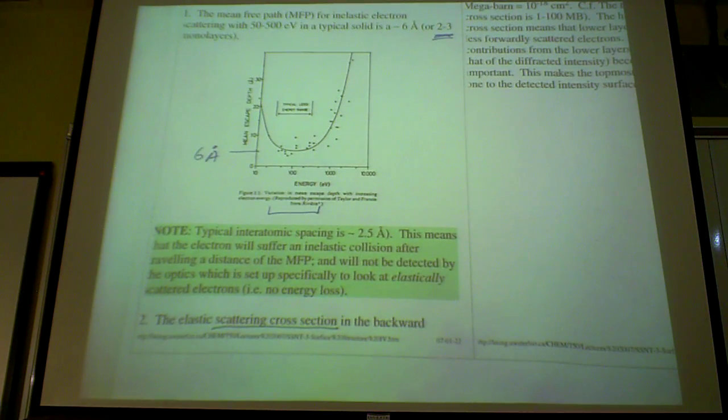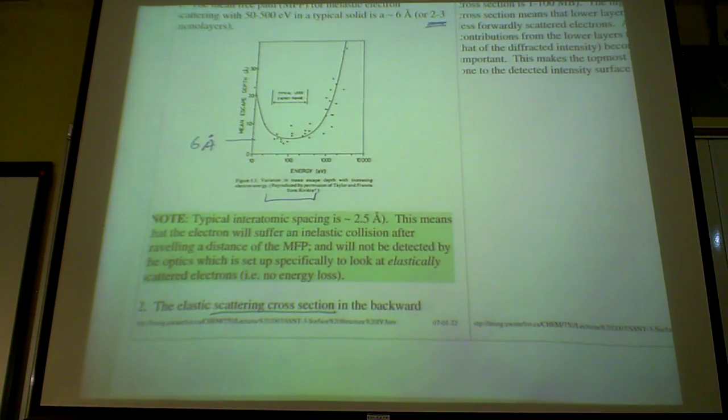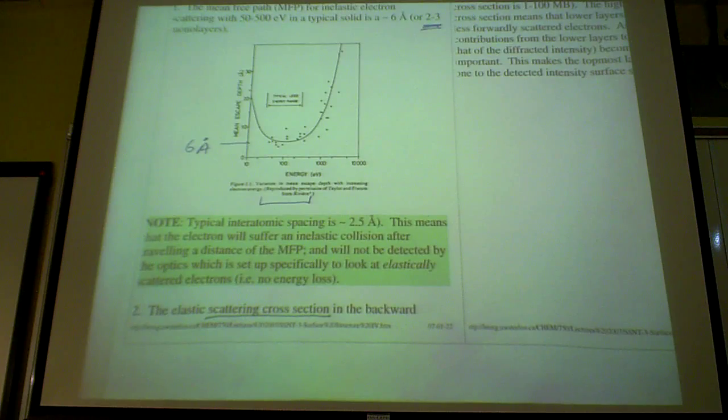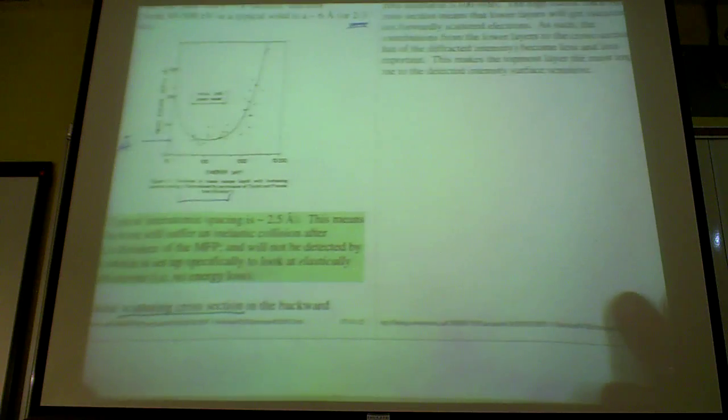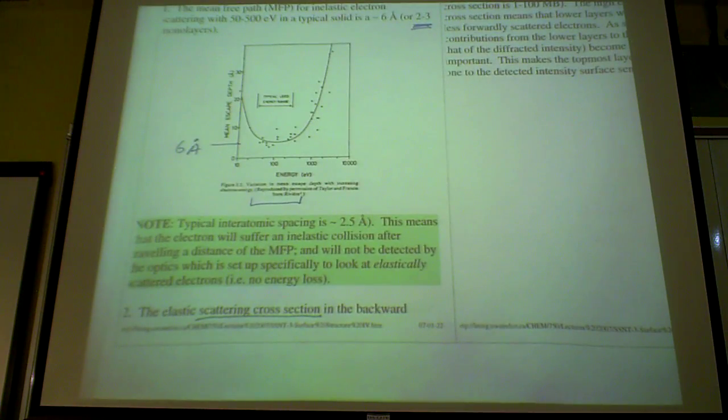The second part is that in electron diffraction, we are talking about elastic scattering of the low energy electron beam, and if you look at the so-called elastic scattering cross section. Cross section is a fancy word for probability in physics. Think of cross section as the probability of being scattered. When people talk about a large cross section, it means high probability of scattering.